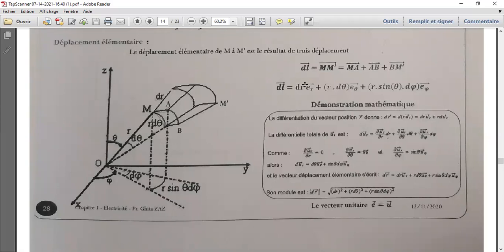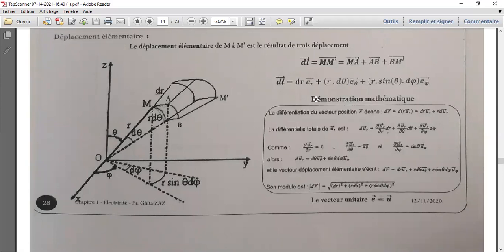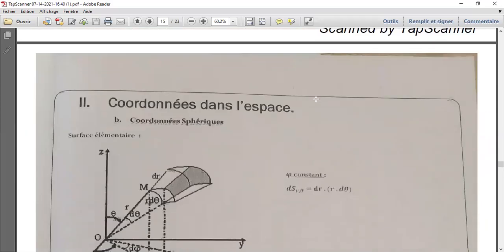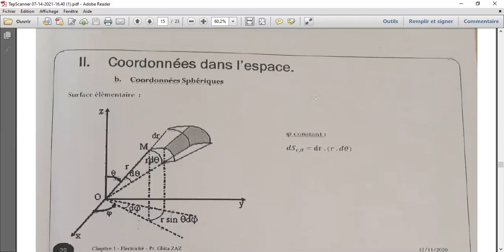For example, if the radius r is constant, then dr is 0, so you only work with r d theta times r sin theta d phi. For this one there's not even a need of putting a vector.